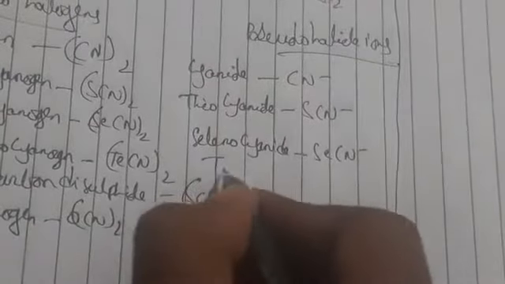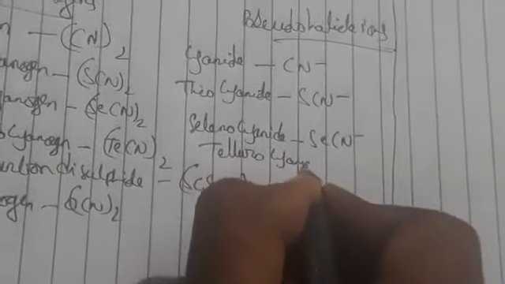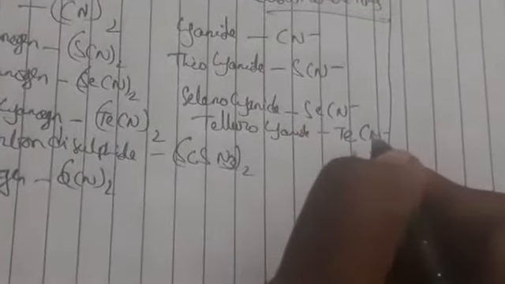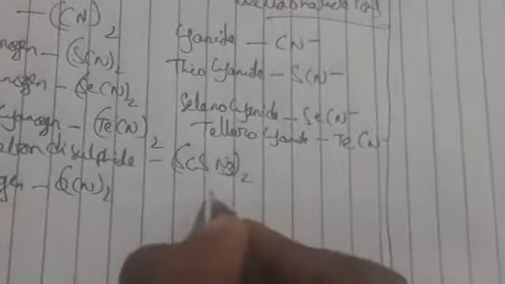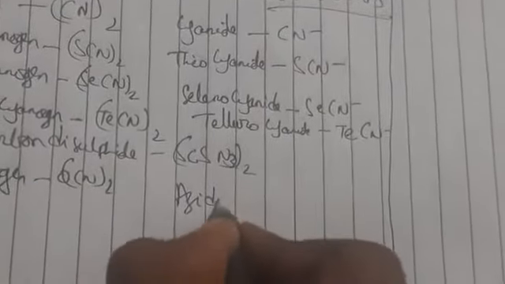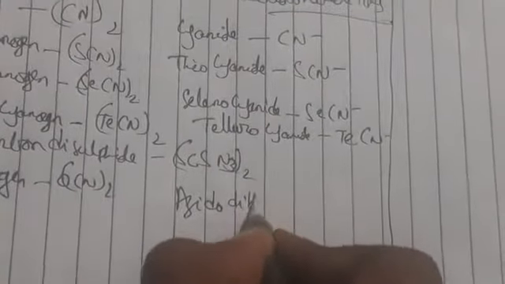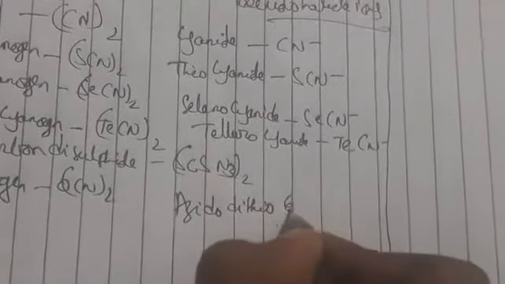Tellurocyanide, TeCN minus. Azidodithiocarbonate, with the formula SCSN3 minus.